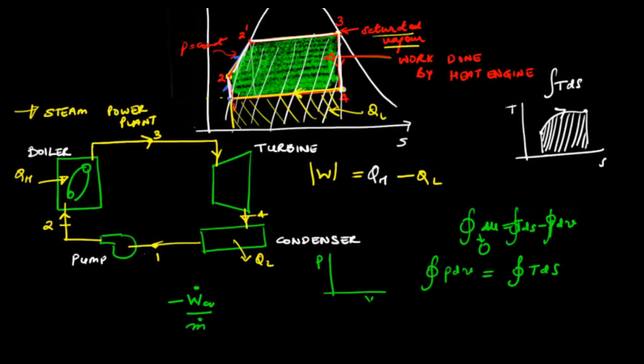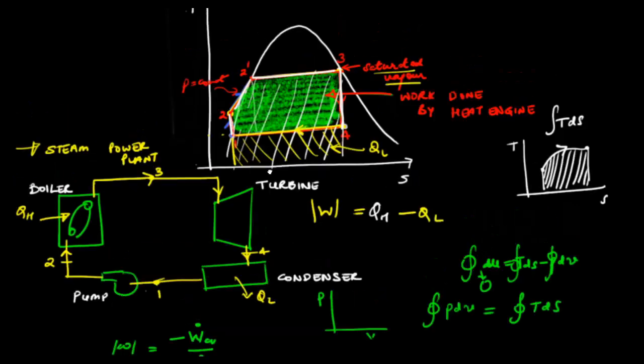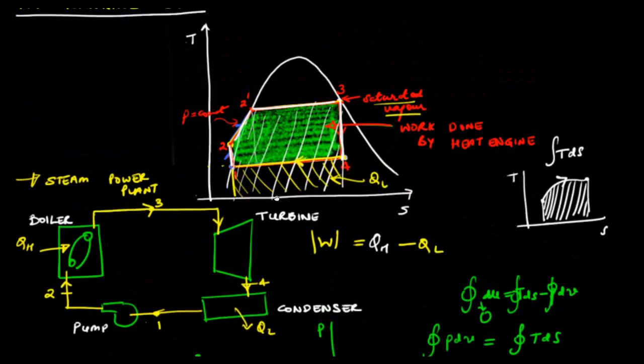Minus W dot CV over m dot is what we'll denote as the specific work done by the system, and that is also the area enclosed by this cycle on a TS diagram or a PV diagram. This is because a flow system can also be analyzed by considering a parcel of a control mass as it undergoes various processes in different equipment. And one thing to note is that throughout our discussion, we are assuming negligible changes in kinetic and potential energies, which in practical applications are negligible.